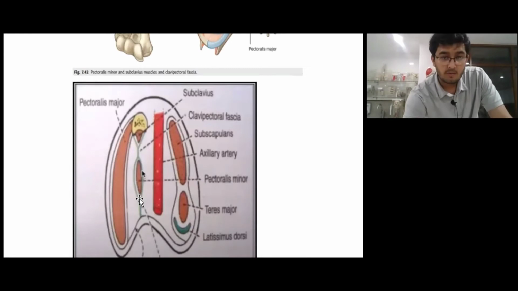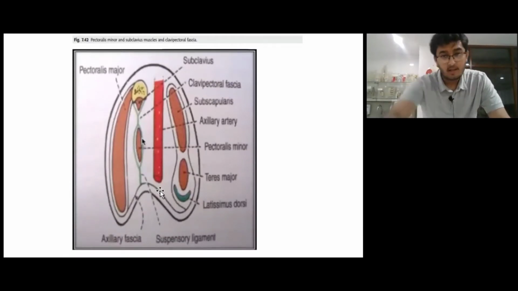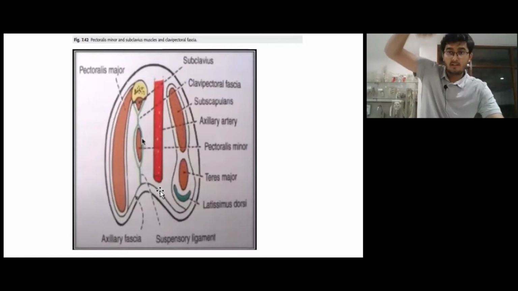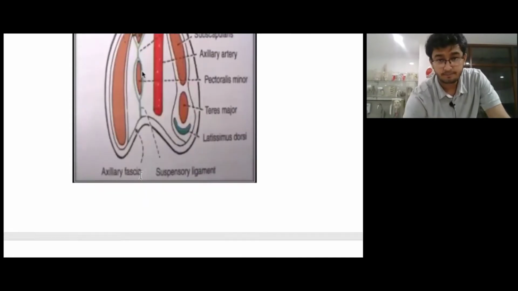It extends downwards and attaches on the lowermost aspect of the axilla, and pulls the axillary skin upwards, forming the anterior axillary fold. This is the suspensory ligament.